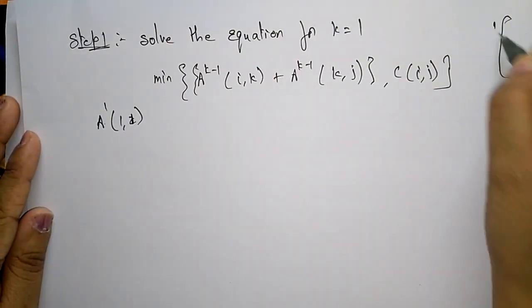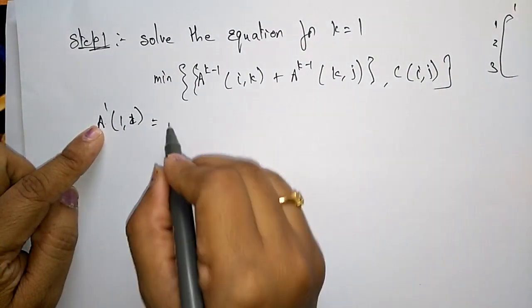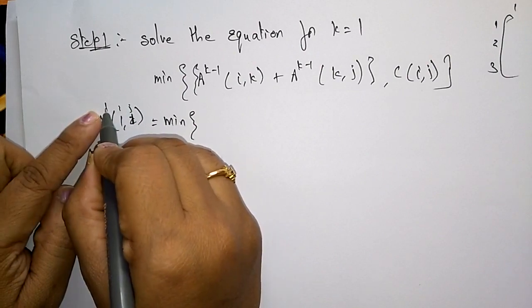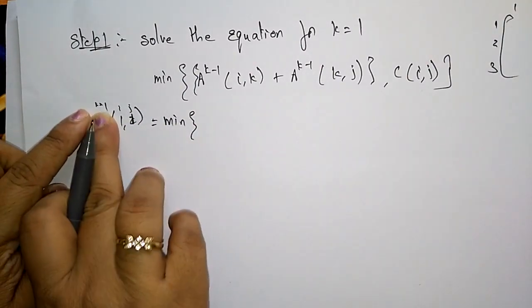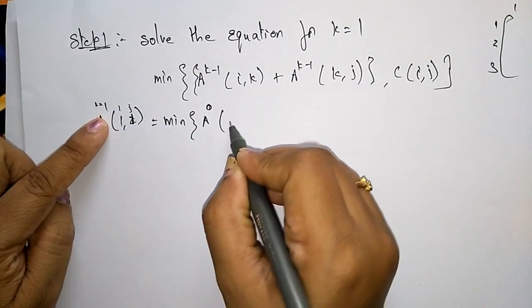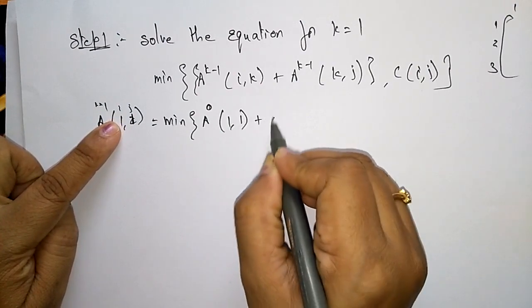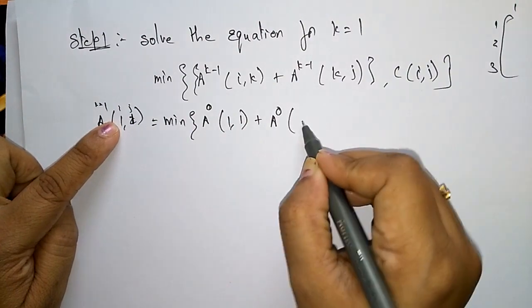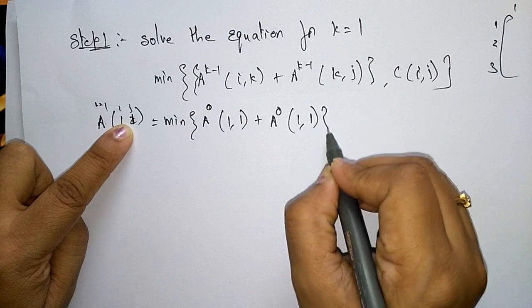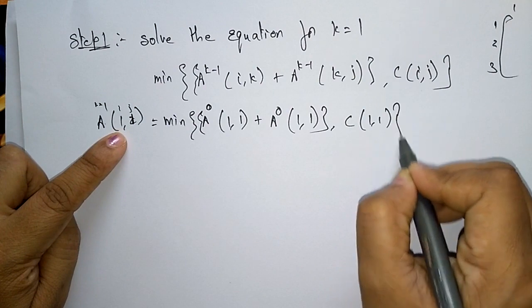A1(1,1): just apply the formula, minimum of A0(1,k) + A0(k,j), and c(i,j). Here k is 1, and i and j are 1.